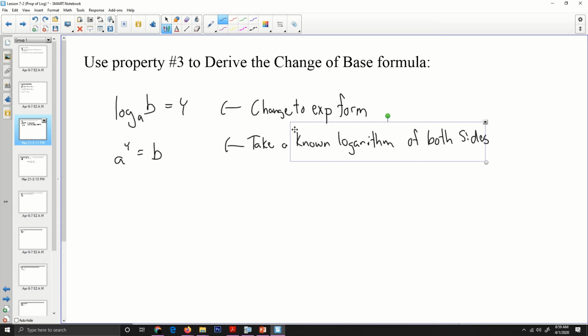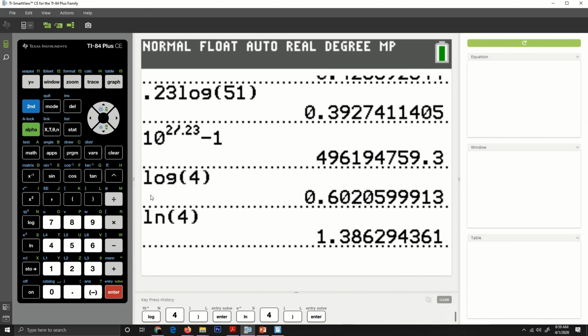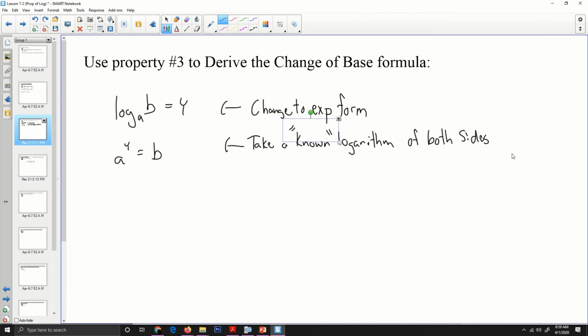And remember, I said known logarithm. You know two logarithms: you know log base 10 and ln. So we can do that. I'm going to call my known logarithm log base c. So I'm going to go log base c of a to the y equals log base c of b.